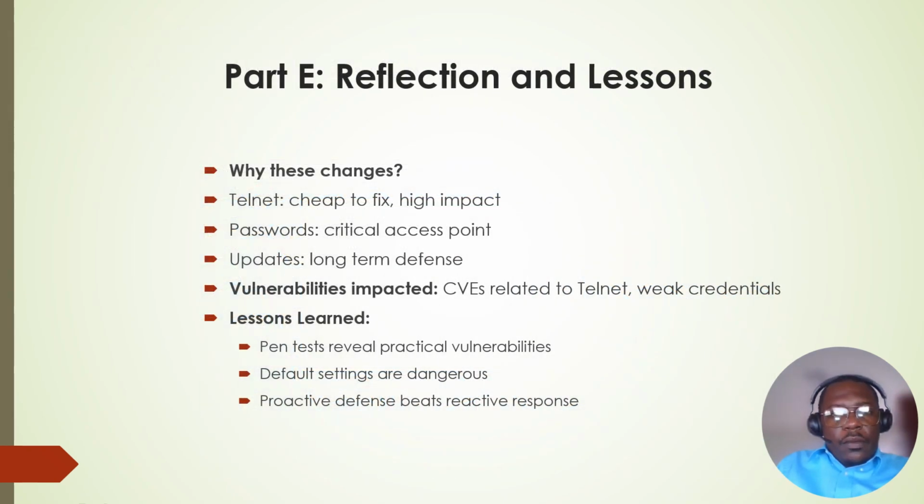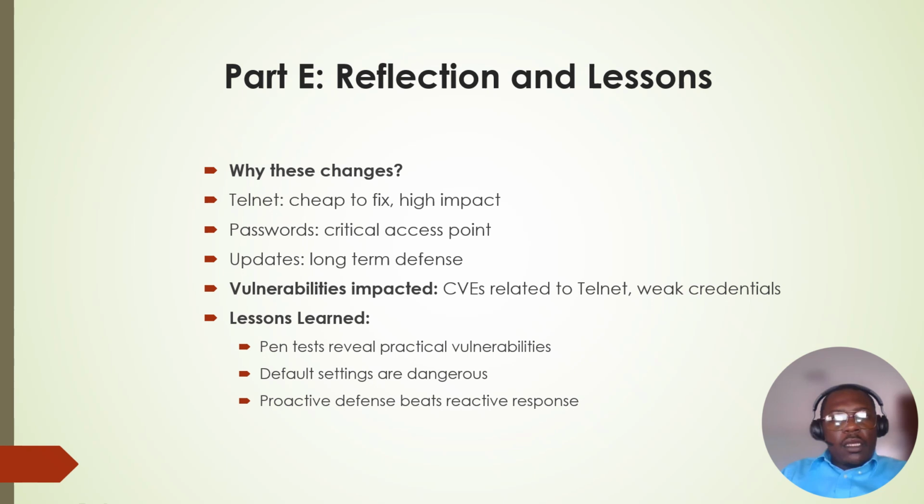Reflection and lessons. I chose these changes because they had the most significant impact at the lowest cost. Disabling Telnet removed a critical risk. Updating a credential closed a major access point.